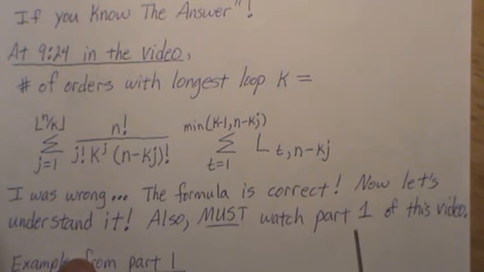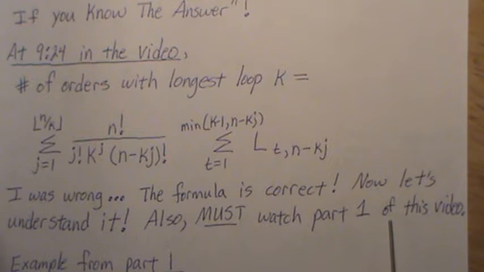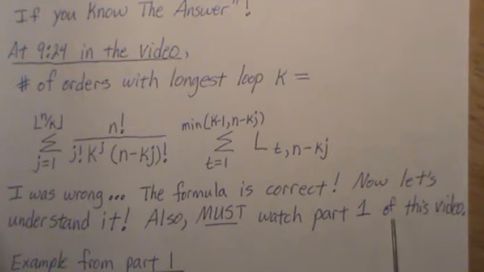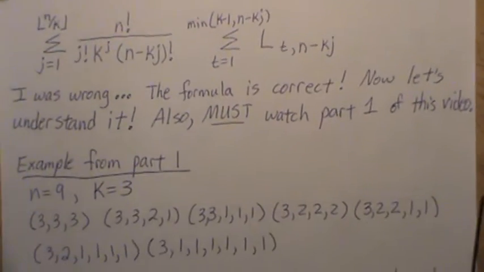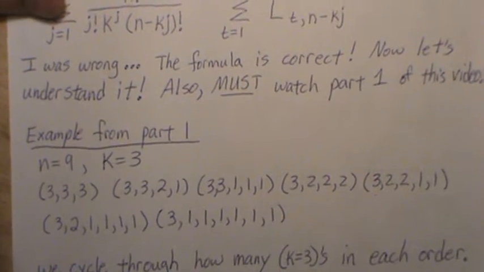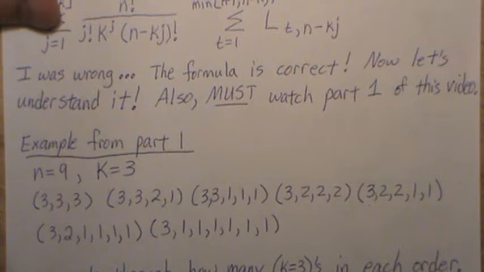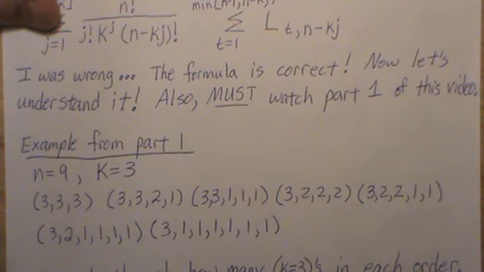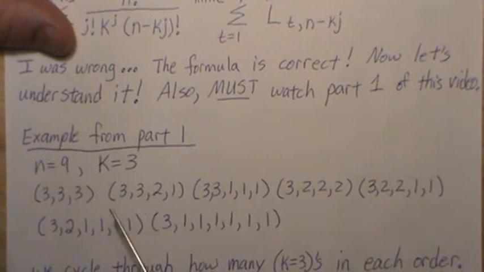Also a must watch is part 1 of this video, because we're going to use a lot of the nomenclature and techniques from part 1, and it would make this video way too long if I had to reintroduce them. Okay, so an example from part 1 is we calculated for n equals 9 all the possible maximum loop sizes. And one of those was k equals 3. And all the possible loop sizes were here.